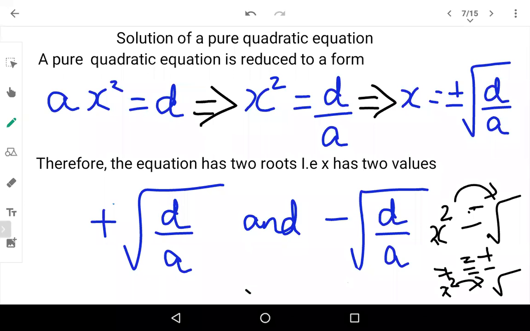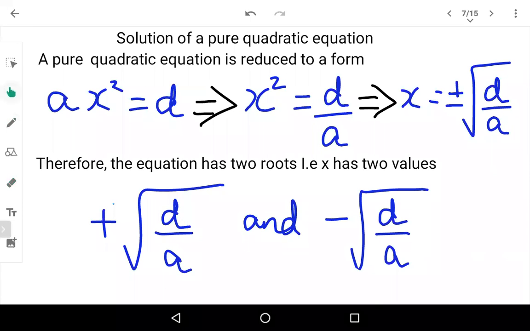Suppose you have a square root on one side, it is going to become a square on the other side. I hope you're able to follow it. So here we have a square on one side, so it's going to convert to a square root on the other side.